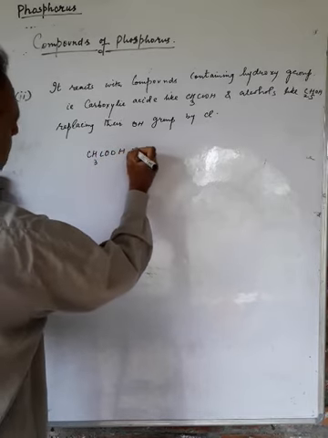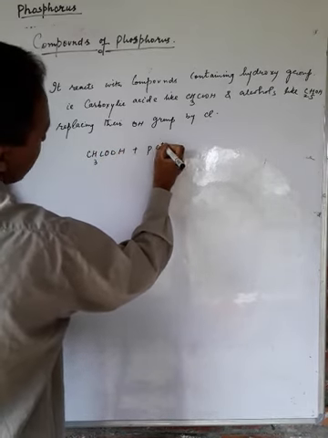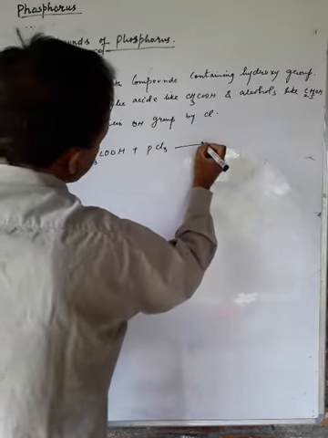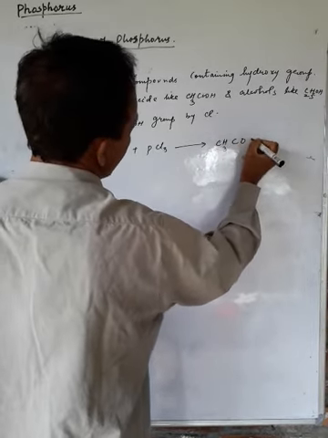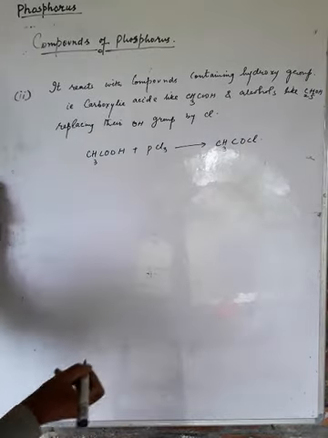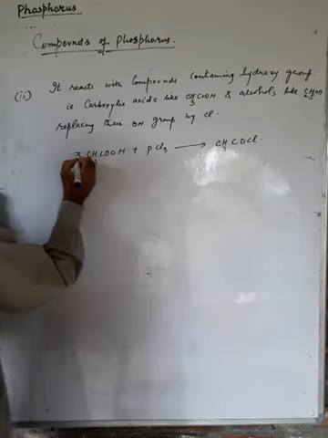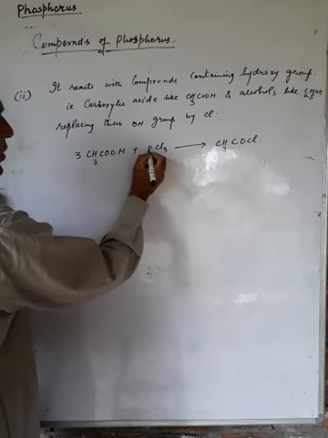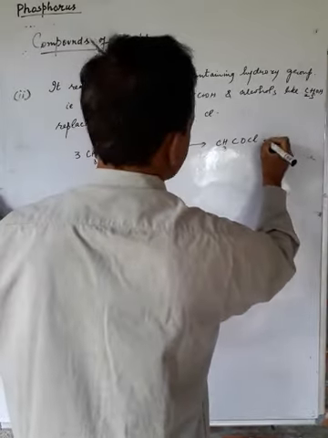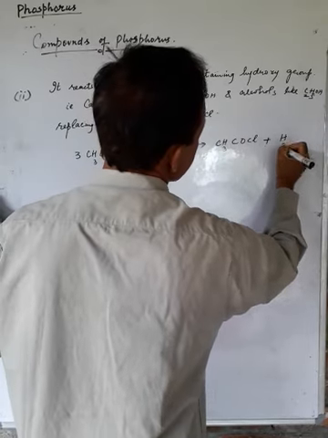CH3COOH plus PCl3 forms CH3COCl, 3 times, plus H3PO3.